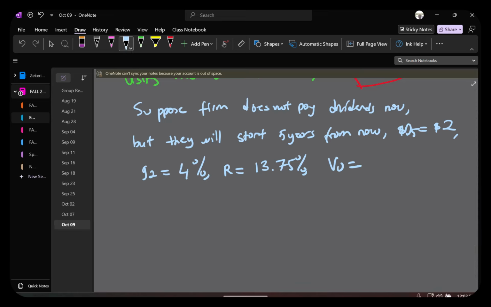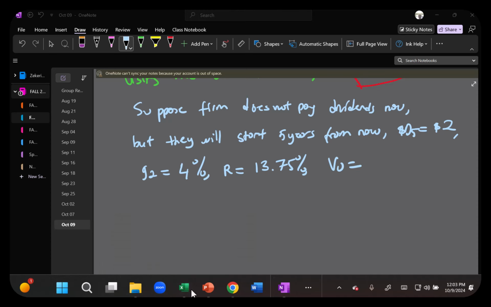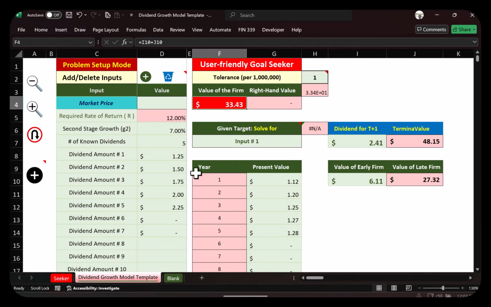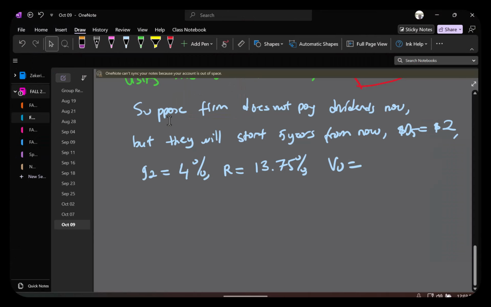Let's do the simple stuff first. My R is 13.75. My growth rate is going to be 4. Okay. How many dividends do I know?